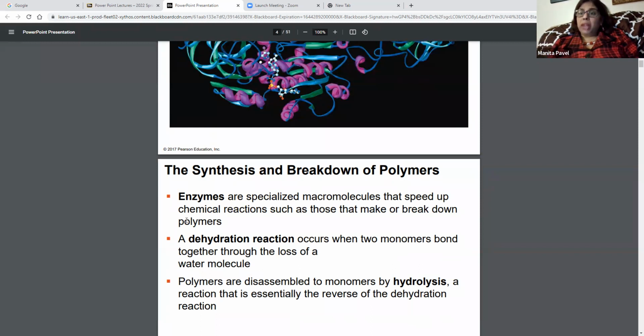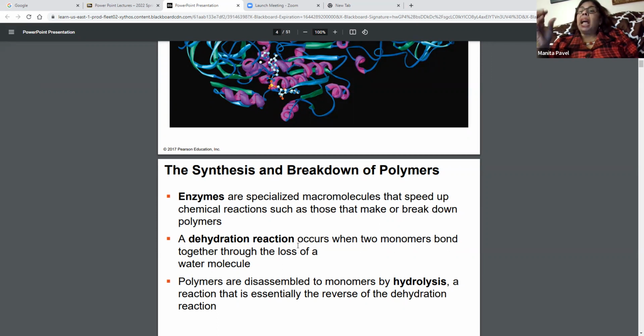They are specialized macromolecules that are going to speed up a chemical reaction. So either by making a chemical bond or breaking a chemical bond, or making a polymer or breaking down a polymer. So we have two processes, one called dehydration reaction and one is hydrolysis.